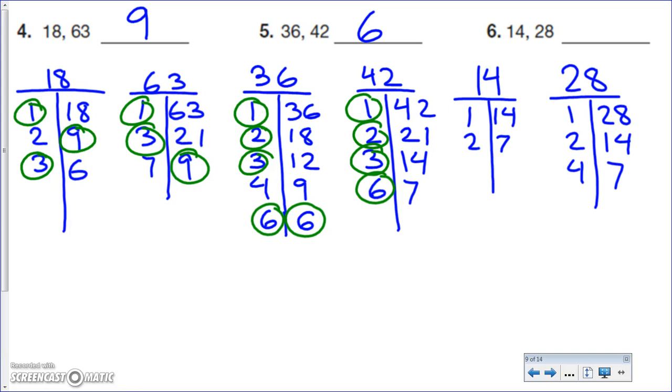Next, we're going to circle all the numbers that are in common between both lists. As we look at those circled numbers, we can see 14 is our greatest common factor.